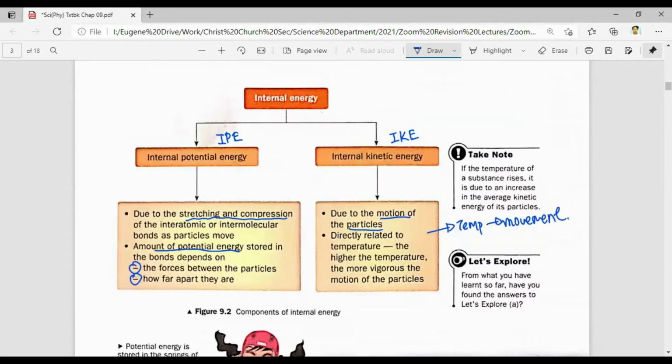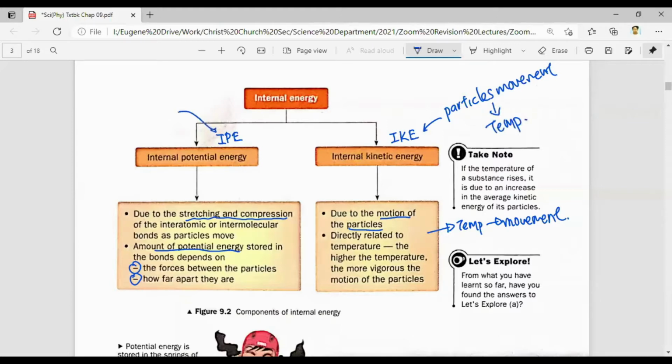Internal energy of a substance can be broken down into IPE and IKE. IKE is really due to the particle movement, which is linked to the temperature.